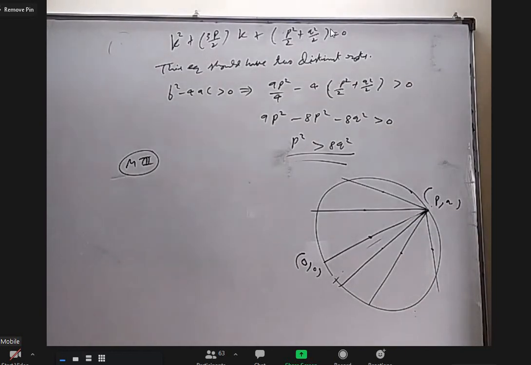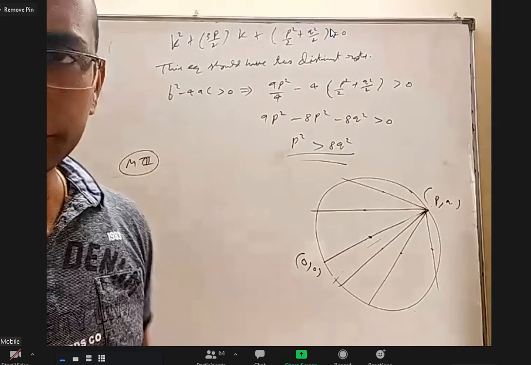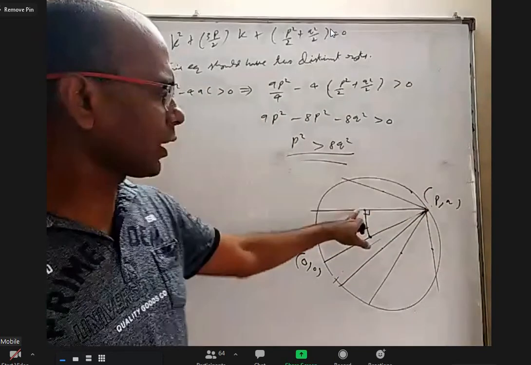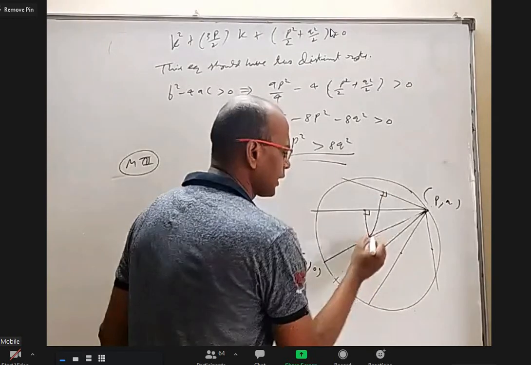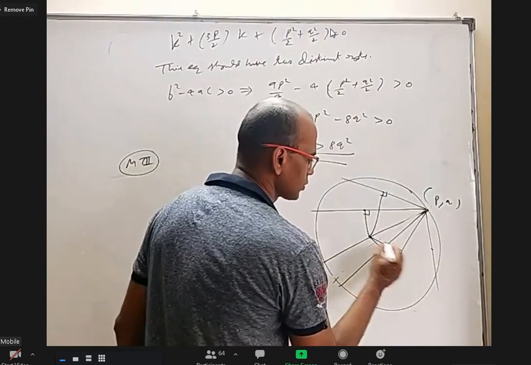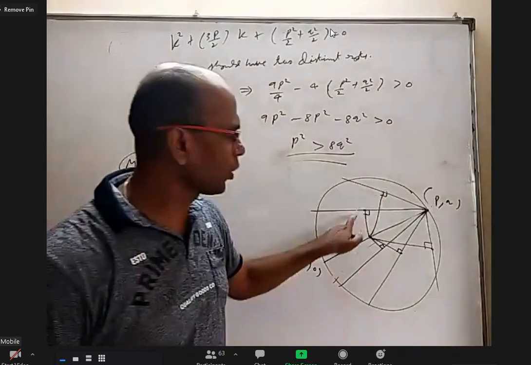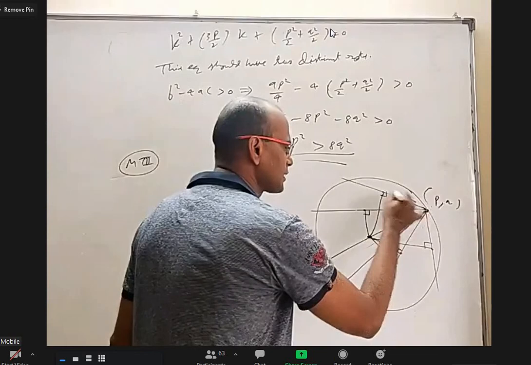Yeah, it will be a circle with 0, 0 and p, q as ends of diameter. Why? This angle is 90. Whenever you take the midpoint of a chord and join it to the center, it should be 90. This is also 90. This is also 90. This is also 90. So the locus of all these midpoints is a circle with the center and this point as ends of diameter.